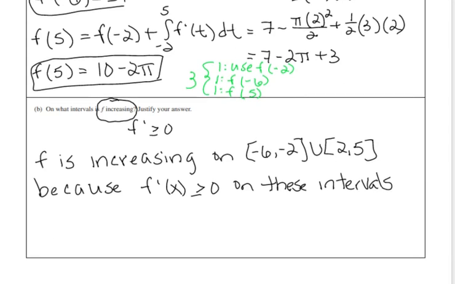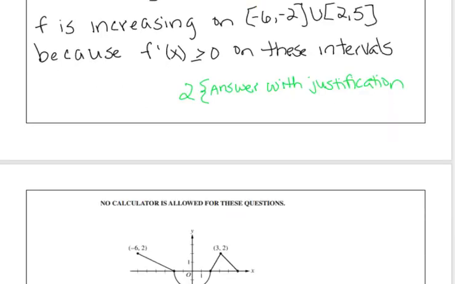Sorry, that was a really bad C. I don't know what happened there. This part of the question was worth 2 points, and it was really just for your answer and your justification. So 1 for the intervals and then 1 for that justification.